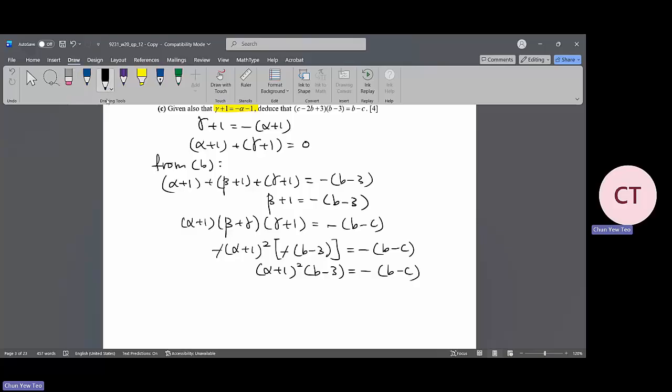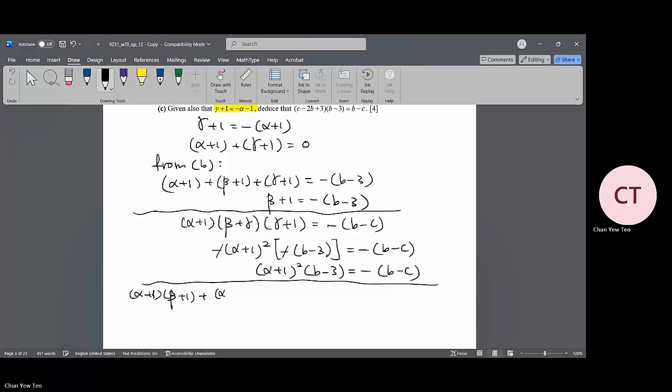Now we want to go for the sum of the product of two roots. So now we go for another part: alpha plus 1 multiplied by beta plus 1, alpha plus 1 multiplied by gamma plus 1, plus beta plus 1 and gamma plus 1.